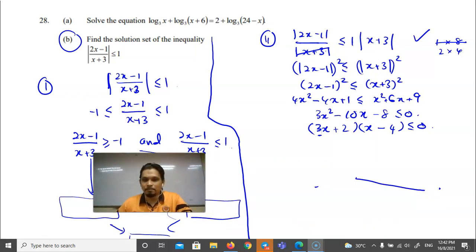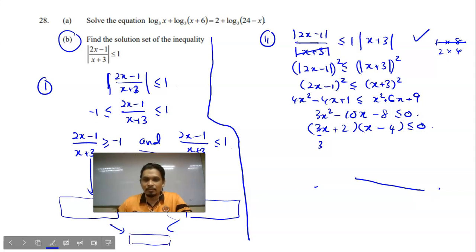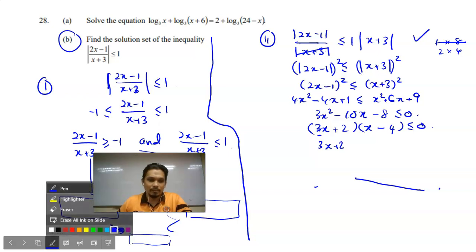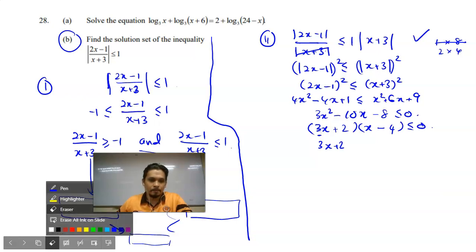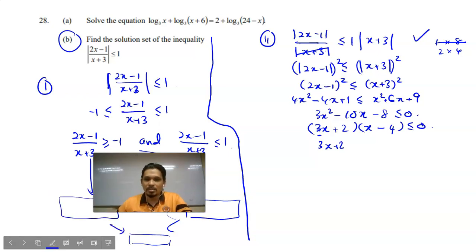So now for this one we got 3x plus 2 and x minus 4. We assume that 3x plus 2 is greater than or equal to 0, and x minus 4 greater than or equal to 0.